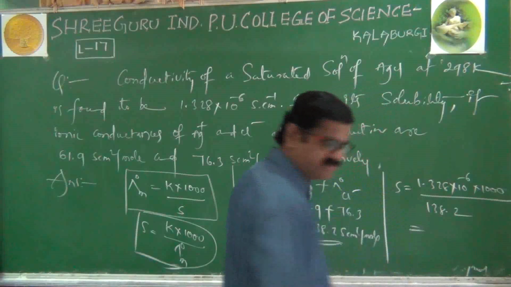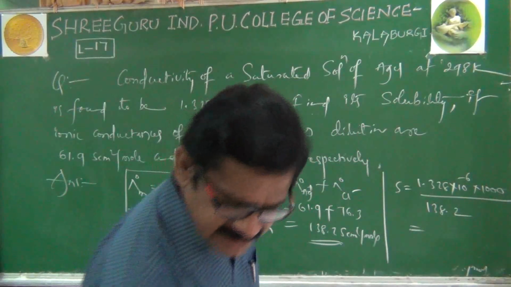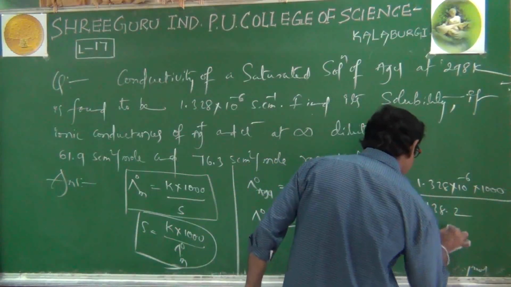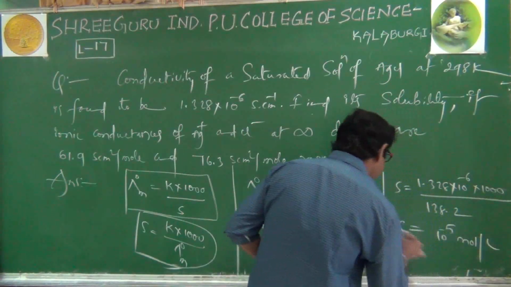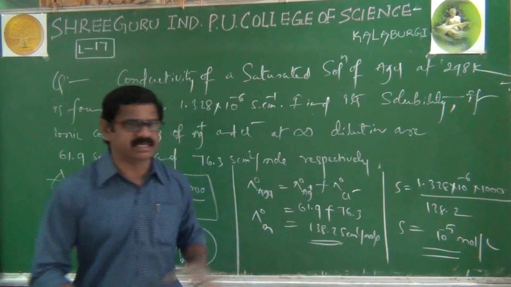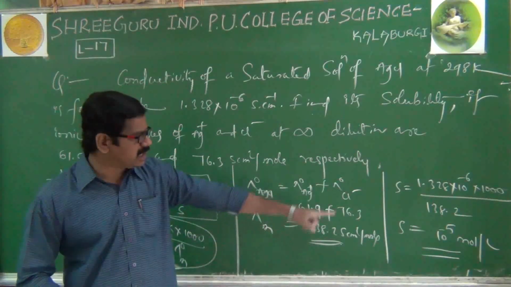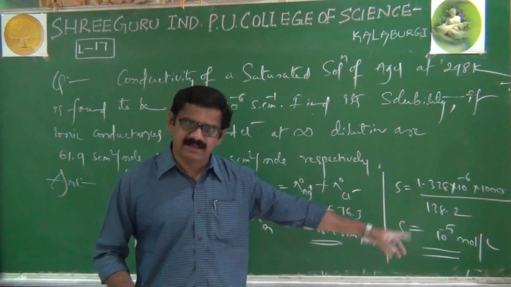And if you do the simplification, S value you will get is 10 to the power of minus 5. Its units are mole per liter, nothing but molar solubility is obtained. That's it. Molar solubility has been calculated like this.